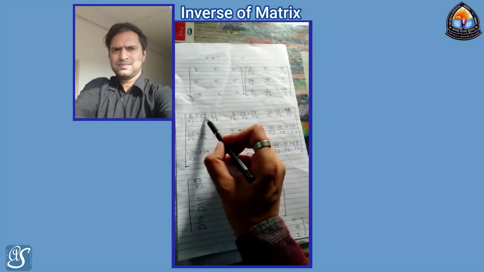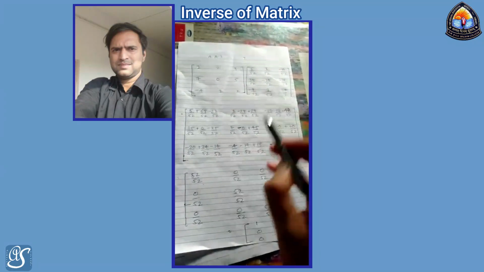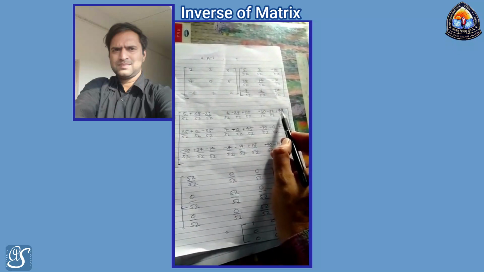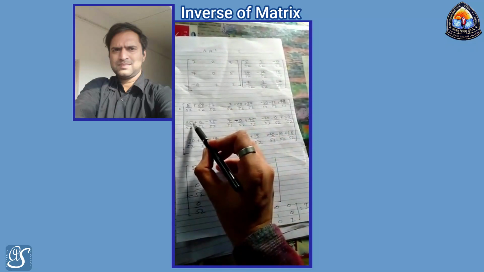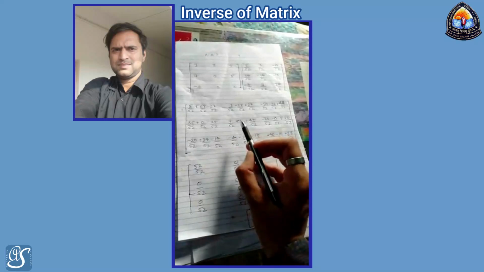Now 5 plus 68 minus 21, 52 upon 52. 1 minus 28 plus 27, 0 upon 52. Minus 10 minus 32 plus 42, 0 upon 52. Second row, first column, 35 minus 35, 0 upon 52.